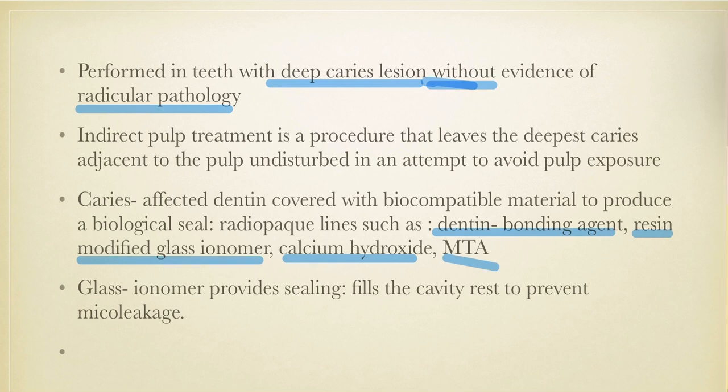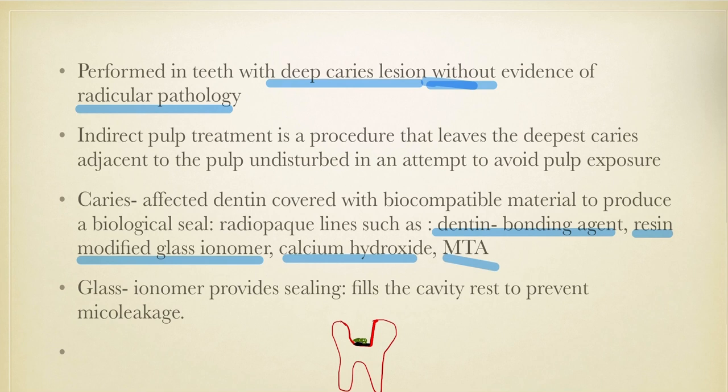So just to imagine, here's the tooth, okay? And then what we have here is a much deeper lesion. Here's the caries. And a part of that caries we leave behind. We leave it on the dentine, okay? And then we put a biocompatible material to produce a seal.